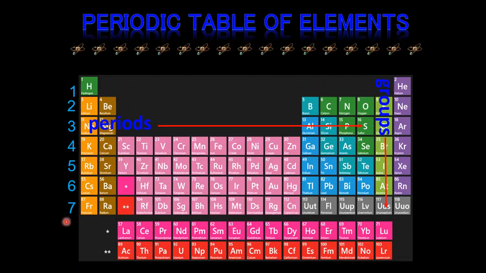All right. Now, some of you might ask, why are there only 7? There are 8 and 9 rows here. But actually, these two, you can see, the lanthanide series and the actinide series, these 2 rows down here, they actually go right in here like a puzzle.